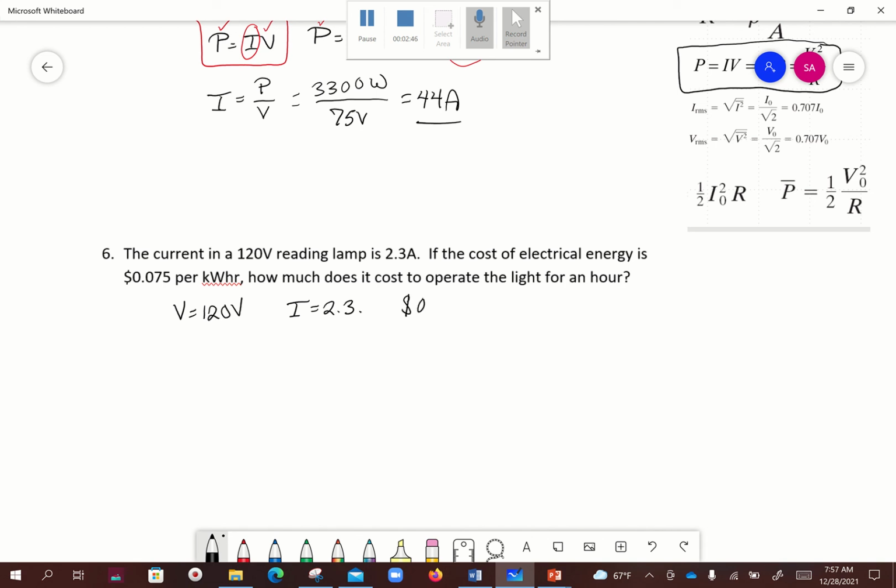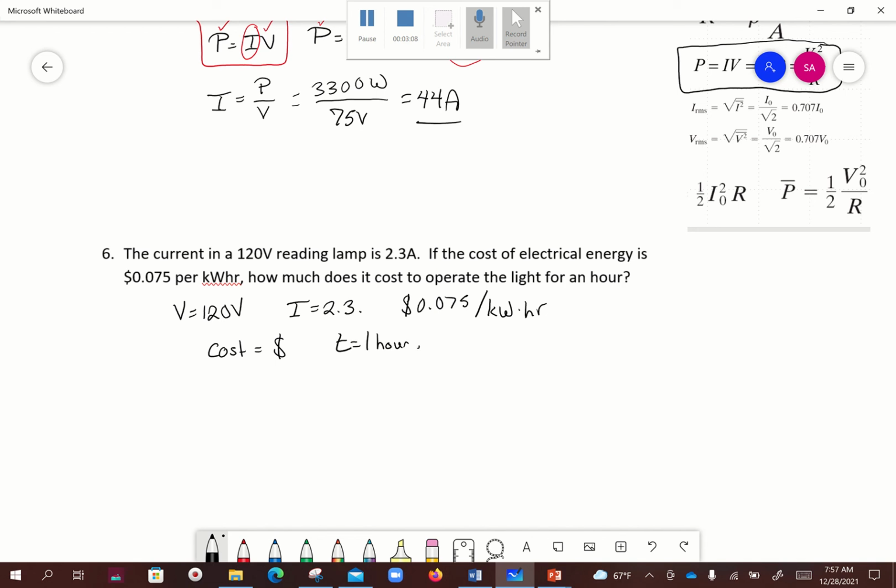So that's $0.075 per kilowatt hour. And the question is, how much does it cost? So the cost, I don't know, it's a dollar sign, right? How much does it cost to operate the light for a time of 1 hour?